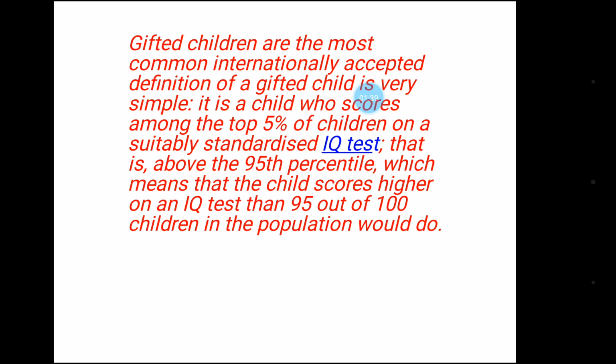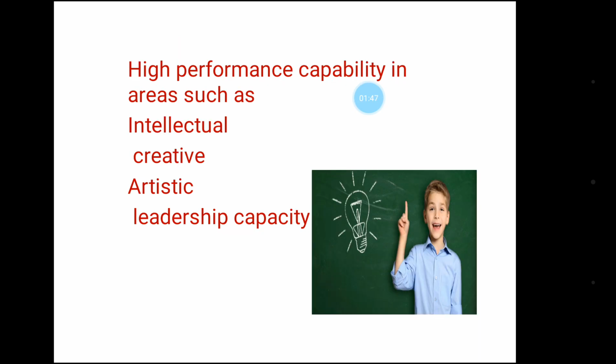It can be maths, it can be science, or it can be any cultural sports activity. So such students have high performance capability in areas such as intellectual activities. So I have already told you that such students will be intellectual.